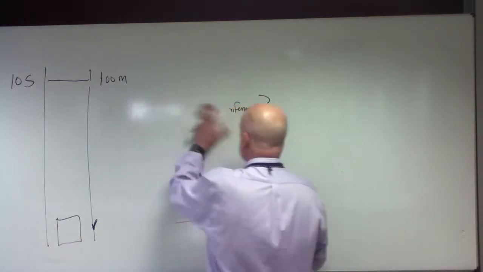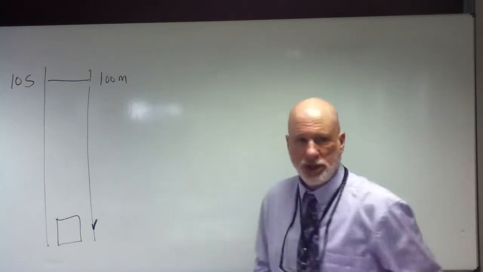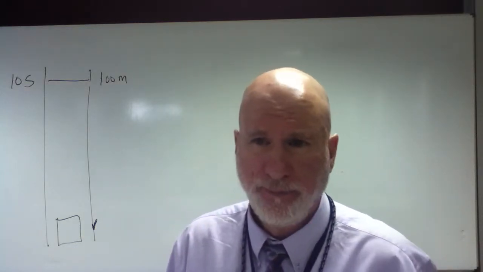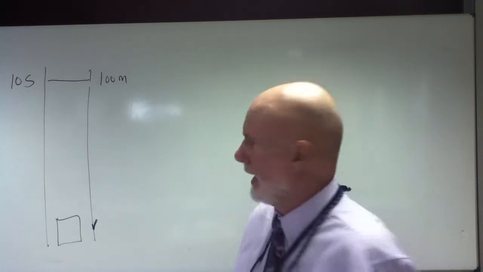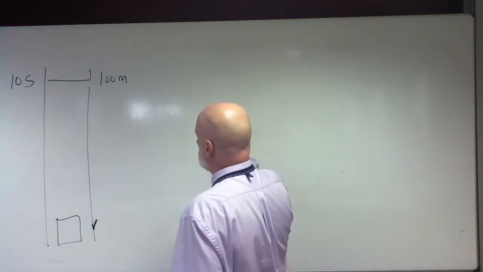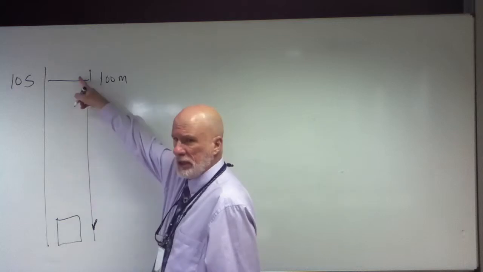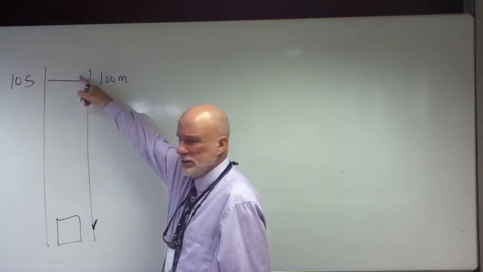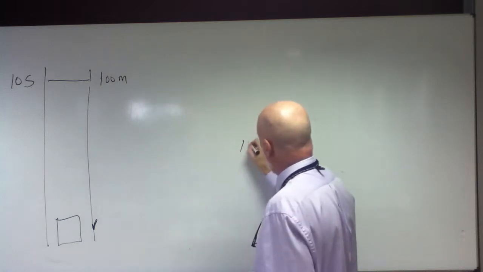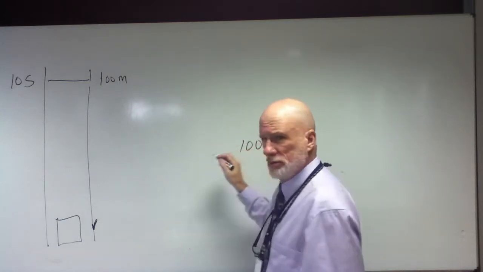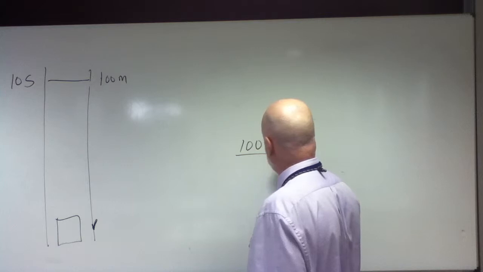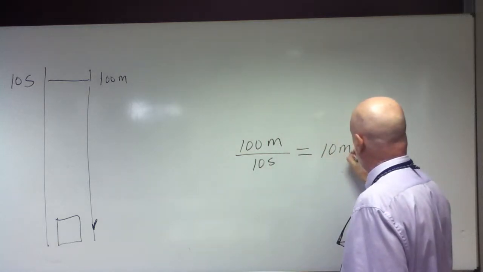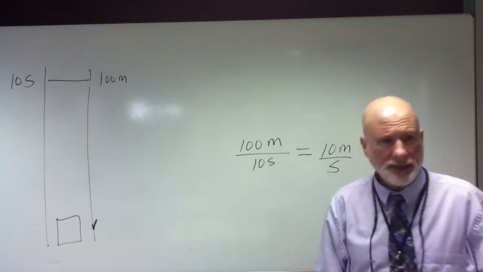So what I'm going to do is just solve it, so then at least you can see it over the weekend. Okay? So it was here to here, correct? So 100 meters in 10 seconds, which is 10 meters per second, correct?